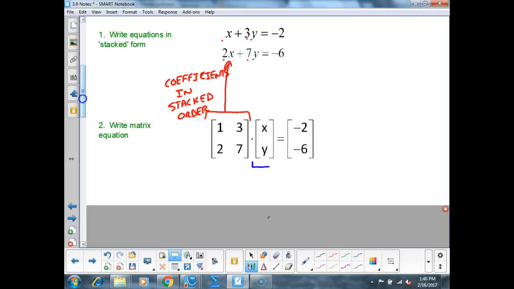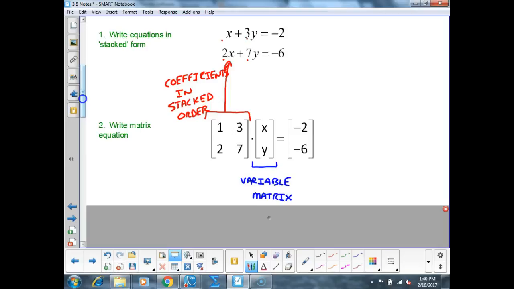Then I'm going to write what's called the variable matrix. If it's a 2 by 2 system, 2 equations, 2 unknowns, it's x then y. A 2 by 1 matrix x, y. If it's 3 equations, 3 unknowns, it's x, y, and z. Okay? I write the variable matrix.